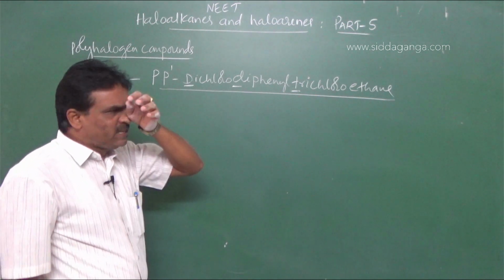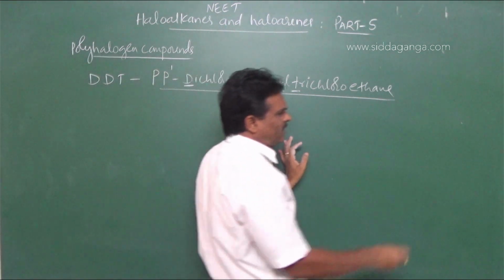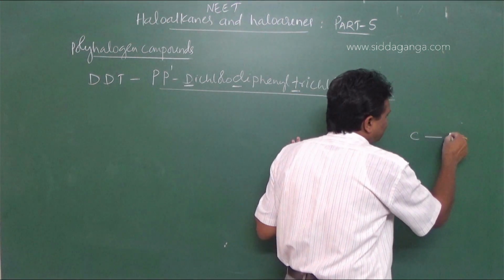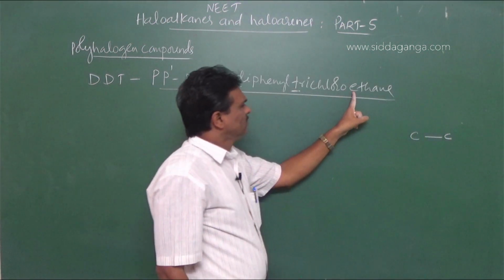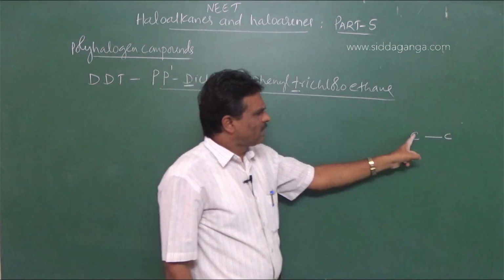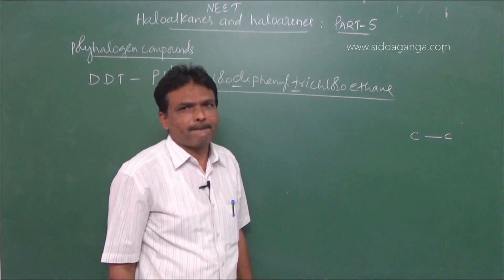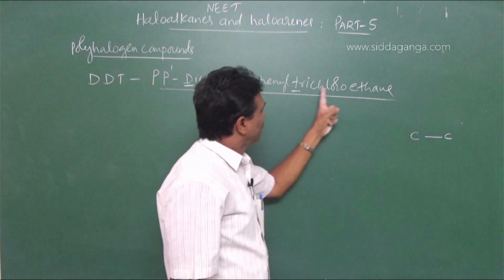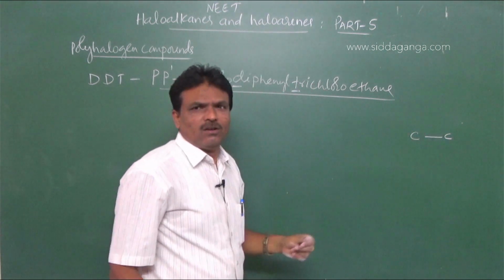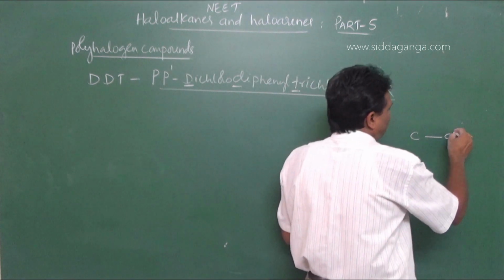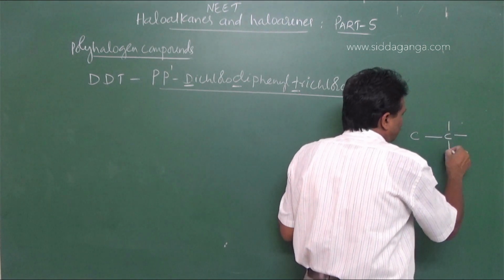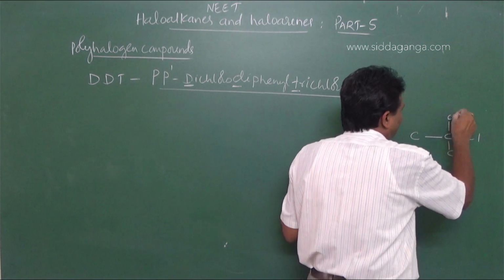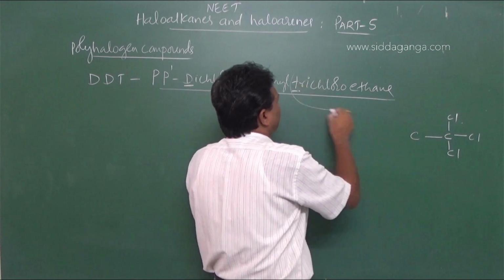The structure of this one is, look here, ethane is like this. Ethane has two carbon atoms. Trichloroethane means 3 chlorine atoms must be present. So look, this is trichloroethane.